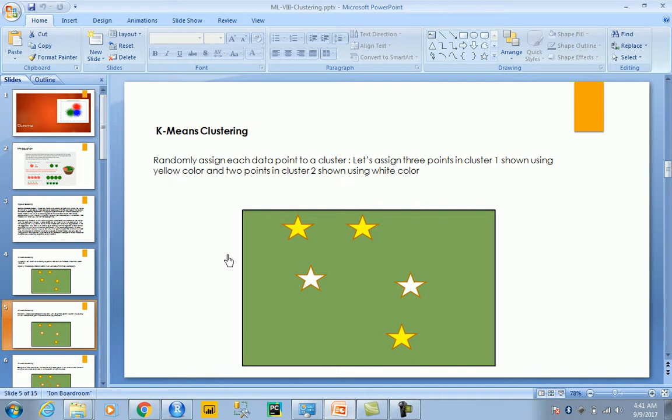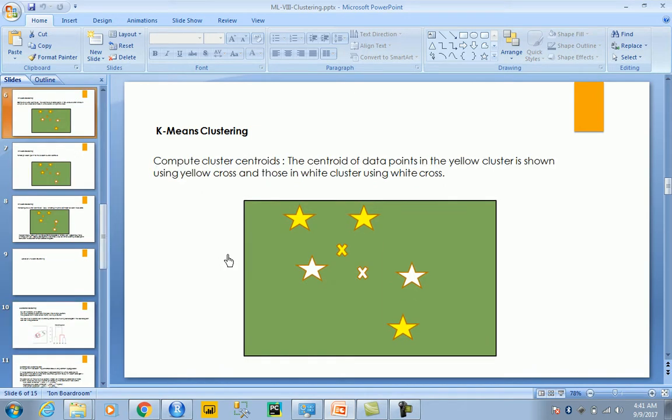From there it computes the cluster centroid, and based on that centroid it recalculates the data points which belong to each cluster.